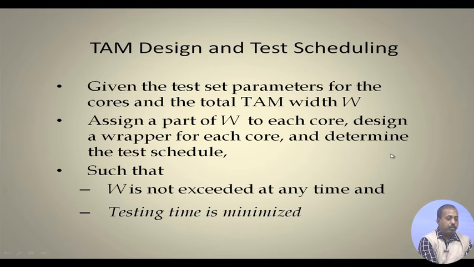So, this is a very generic formulation. It does not tell whether you are going for fixed partitioning or flexible partitioning of the term width. It just says that I have to assign some term width to every core, and whether that is exclusive to that core or not, it does not say.